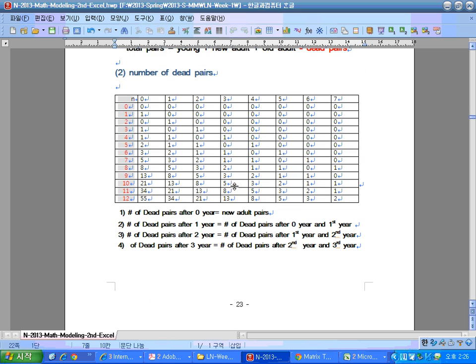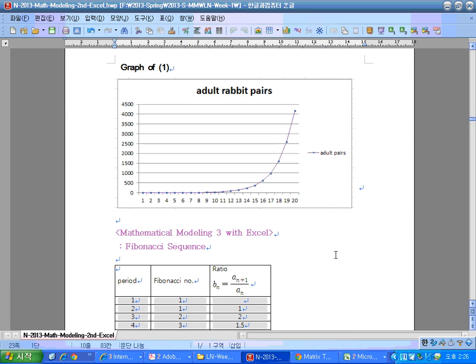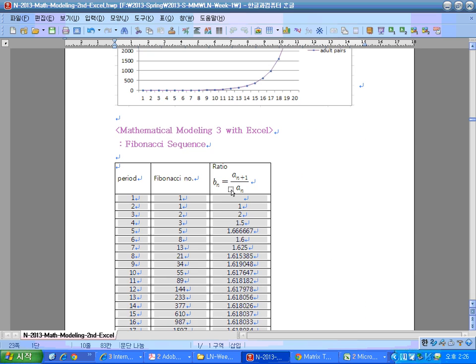This table shows this information, and you have seen the graph.